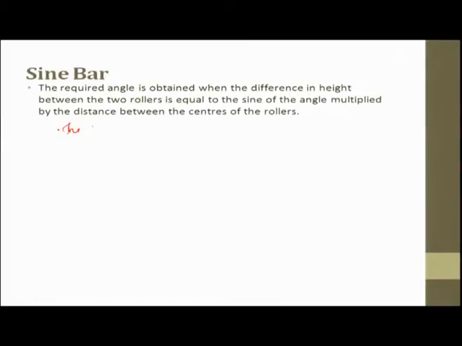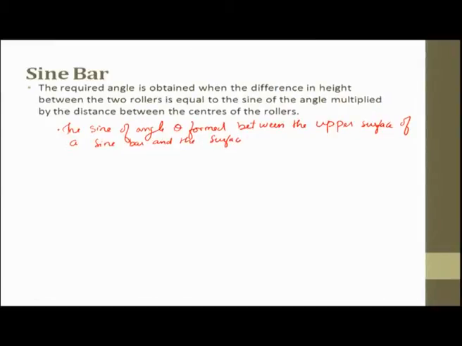So, the sine of angle theta formed between the upper surface of a sine bar and the surface plate, which is the datum, is given by. So, what are we trying to say?